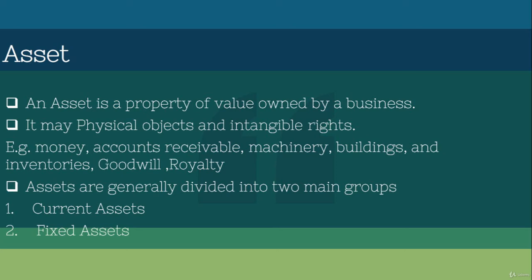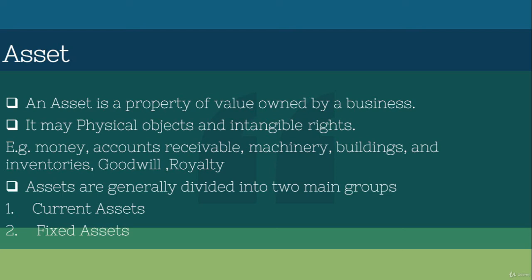For an example, as I mentioned in the previous example, I have a bookshop, so I bought a car, so the car belongs to our business, so the car is our asset. And I buy a building, so the building belongs to the business, so the building is one of the assets.